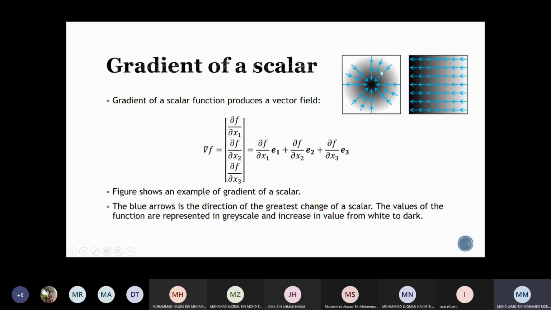The arrow here represents the change of gradient, and the black and white color represents how the gradient changes according to the direction of this vector. So when you differentiate f, you get this vector, the blue colored vector.